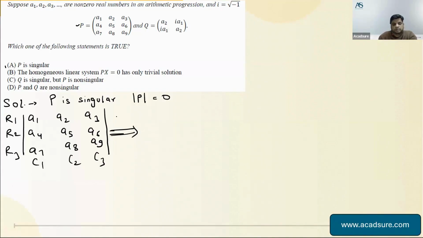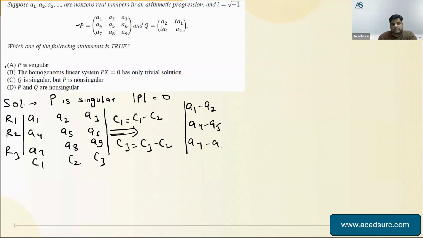So I can do operations C1 is equal to C1 minus C2, and also C3 is equal to C3 minus C2. That will give me A1 minus A2, A4 minus A5, A7 minus A8, A2, A5, A8, A3 minus A2, A6 minus A5, and A9 minus A8.